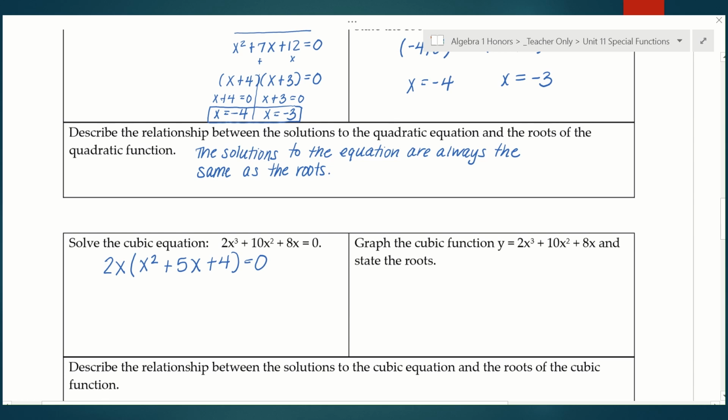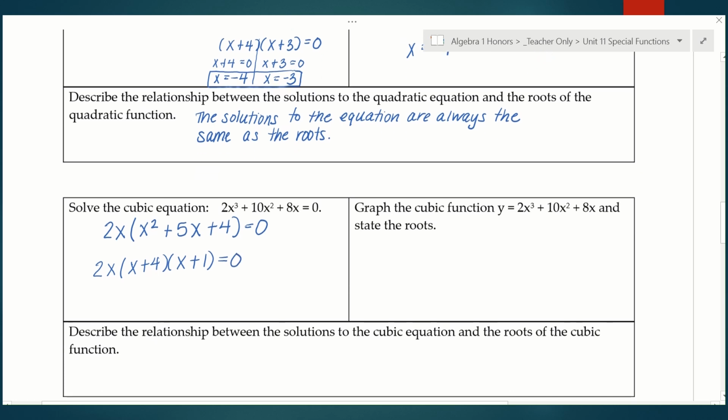Now, inside the parentheses, I see that I can factor this again because it's a trinomial. So what multiplies to be 4 and adds to be 5? 4 and 1. So we would have 2x, that was our GCF, and then we're going to have x plus 4 and x plus 1.